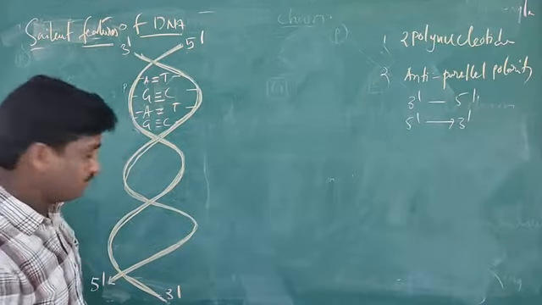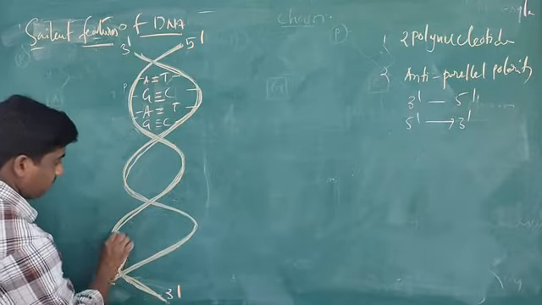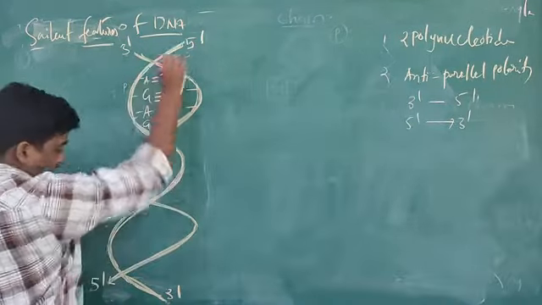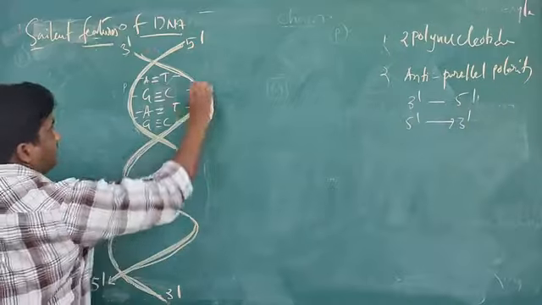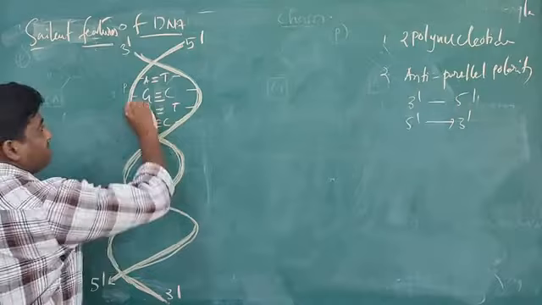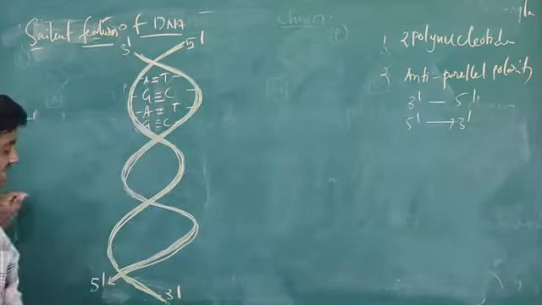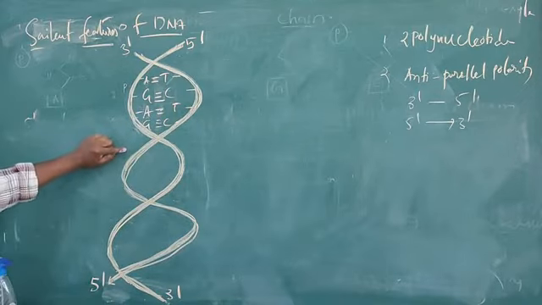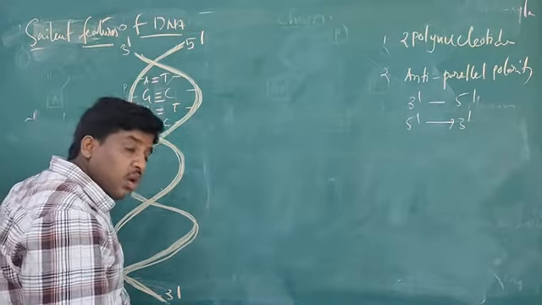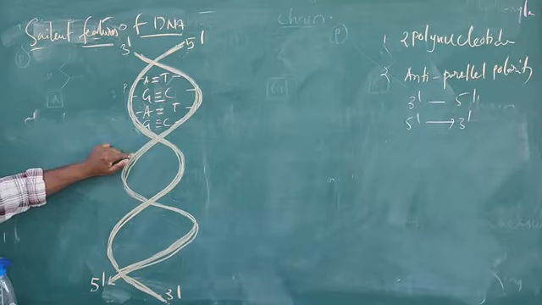Right-handed fashion means, see this one, these are lines going onwards to the right side, coiling. You can see the DNA structure here, where the two chains are coiled in a right-handed fashion.